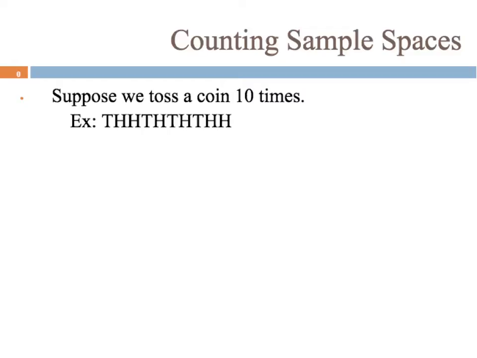Suppose now we toss a coin 10 times. So this is just one of the many possibilities that could come out of that. So you could start a tree diagram to do this. So let's say we go up here and we say, okay, well, it's either heads or tails the first time. Okay, the second flip, that's either heads or tails. Or if the first flip was tails, the second flip can also either be heads or tails.